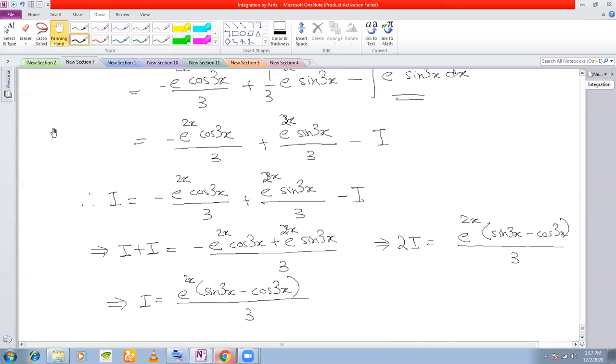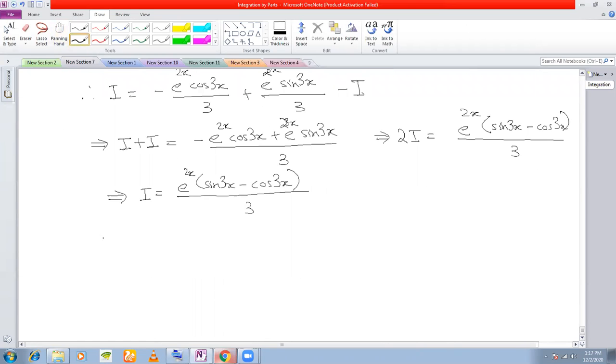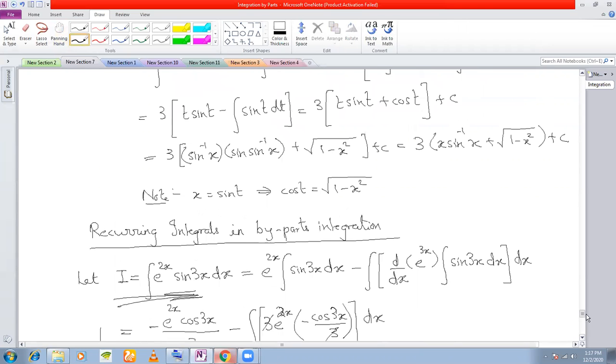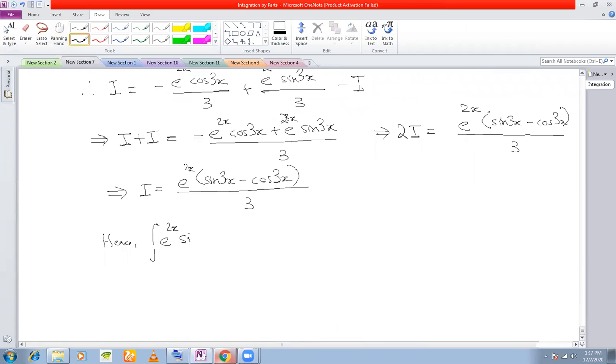So you've got the value of I now. Hence, integral e to the power of 2x sine 3x dx is equal to e to the power of 2x times sine 3x minus cos 3x divided by 3 plus c. That is your answer. Okay, so I stop here for today.